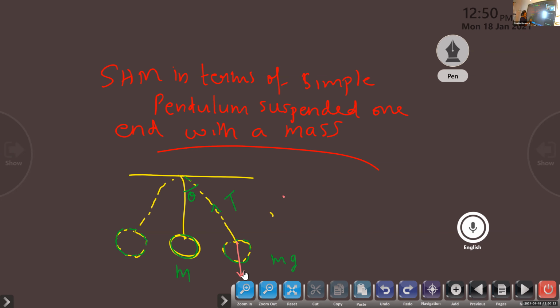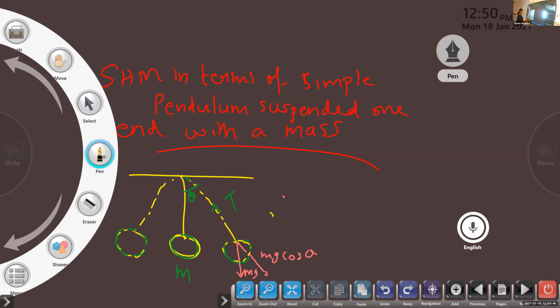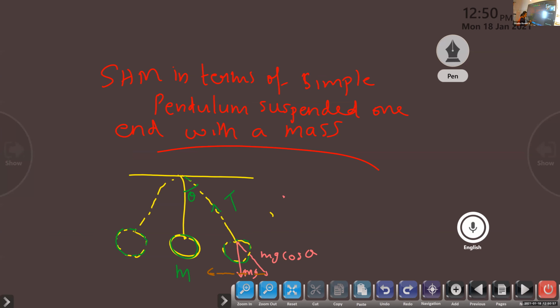If you draw this, this is mg, and if you extend here, you will get the vertical component mg cos theta, and the other one, the horizontal component, is mg sin theta.